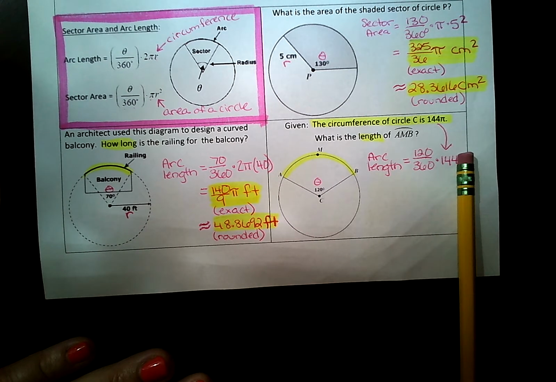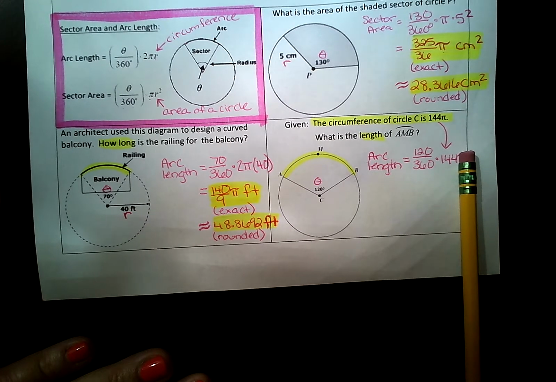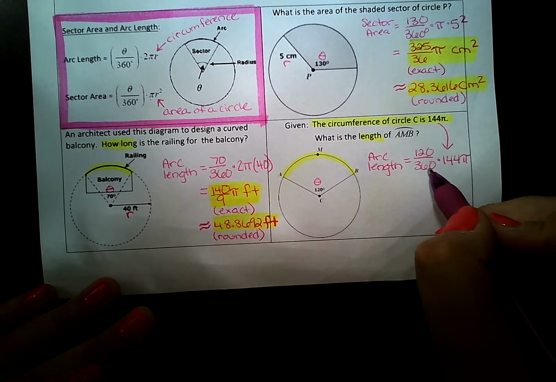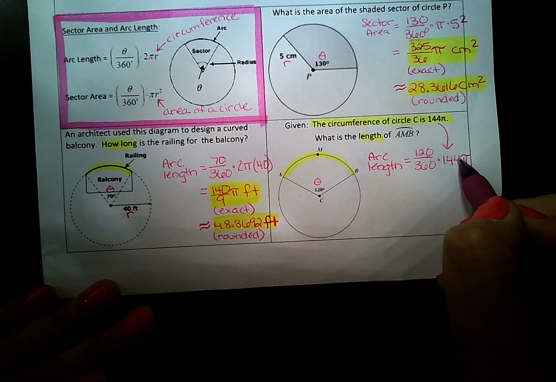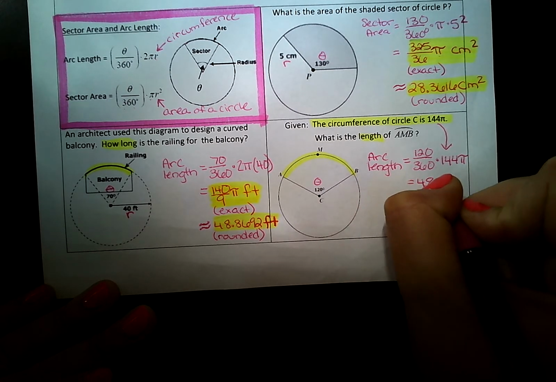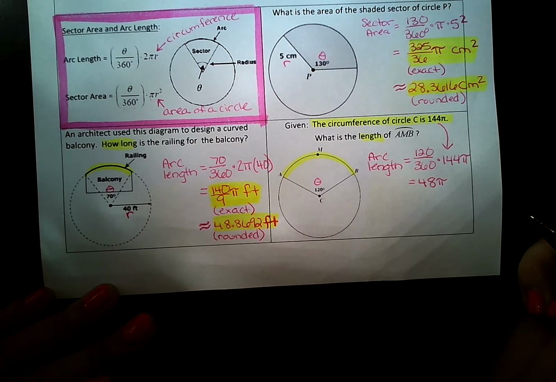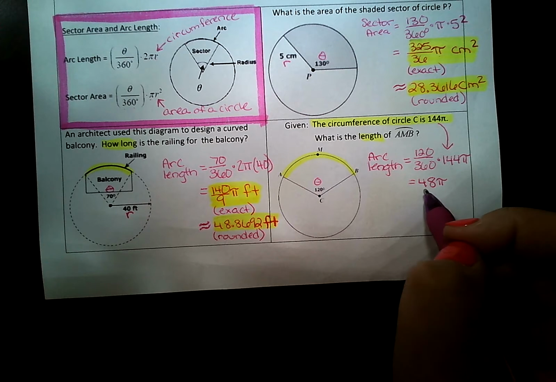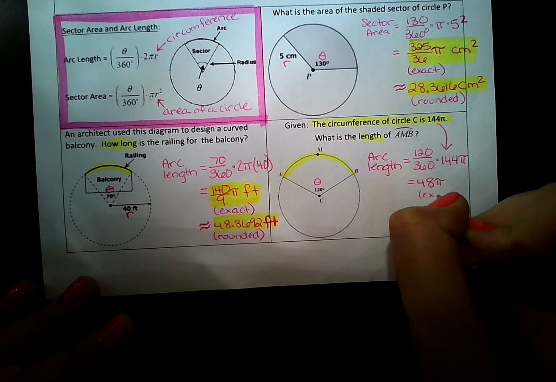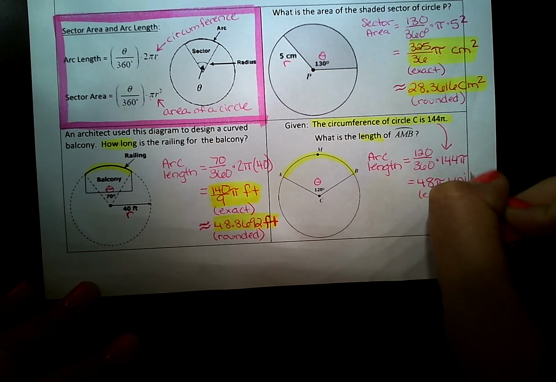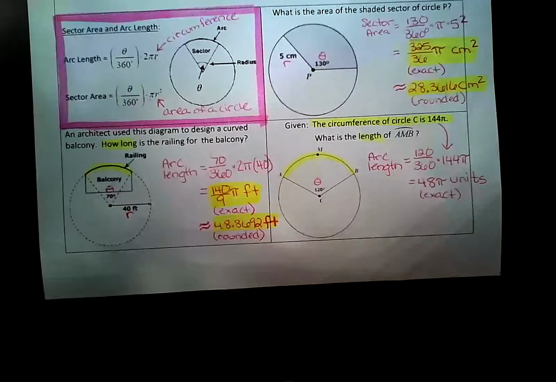Remember, I'm going to completely ignore the pi when I'm typing in my exact value. 120 out of 360 times 144, don't use the pi button, and you should get 48. So the arc length and exact value is 48 pi, whatever the units are, feet, yards, inches, centimeters, whatever.